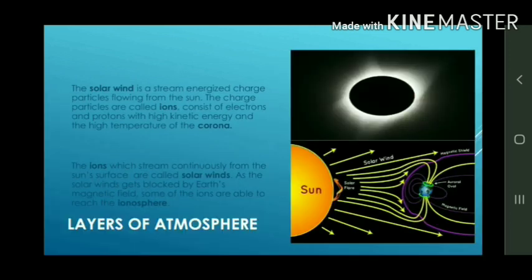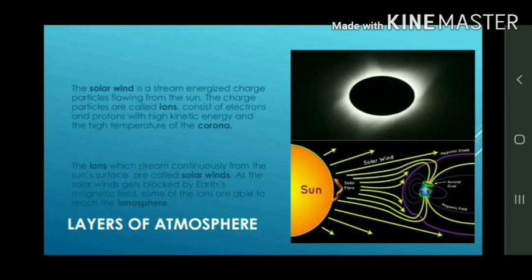Next, we have the solar wind. The solar wind is a stream of energized charged particles flowing from the sun. The charged particles are called ions, consisting of electrons and protons with high kinetic energy and the high temperature of the corona. The ions which stream continuously from the sun's surface are called solar winds.